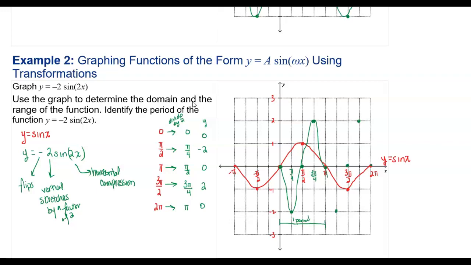Now we can continue this, and I will, just because we like the continuity. And the green y equals negative 2 sine 2x. And like I said, I really apologize for the really pretty graphing. All right, so that was graphing sine.